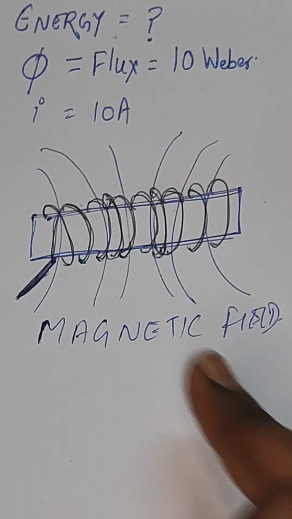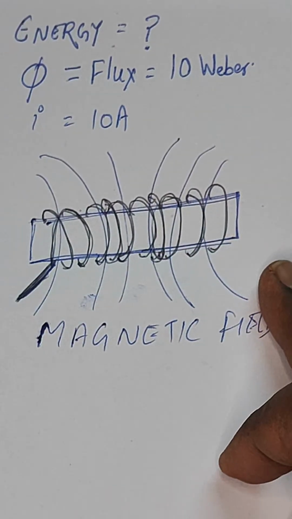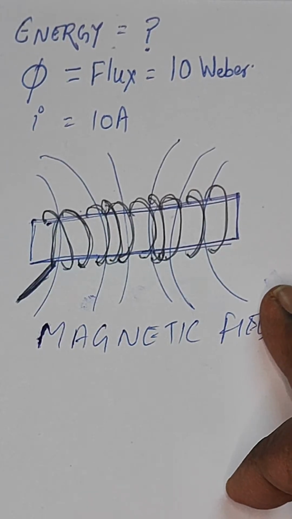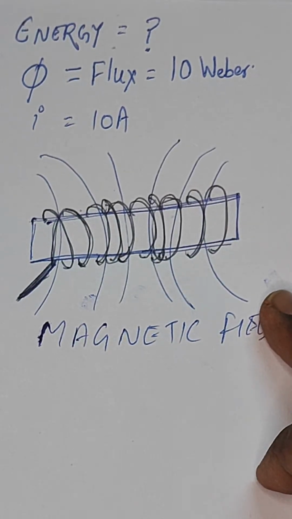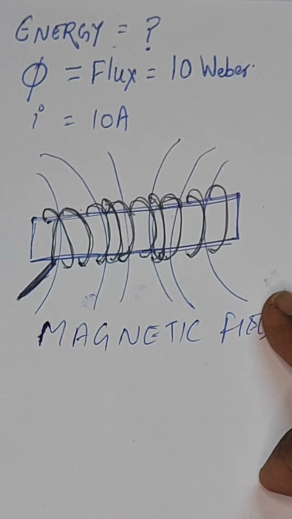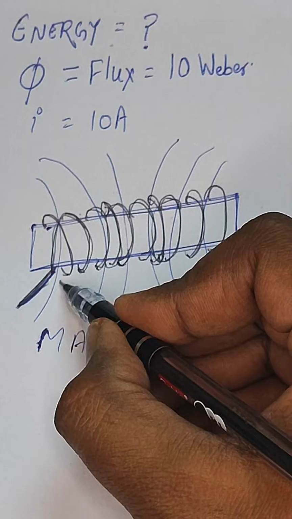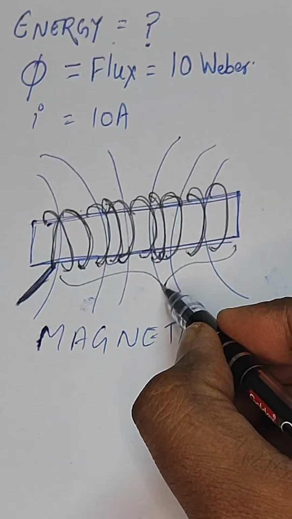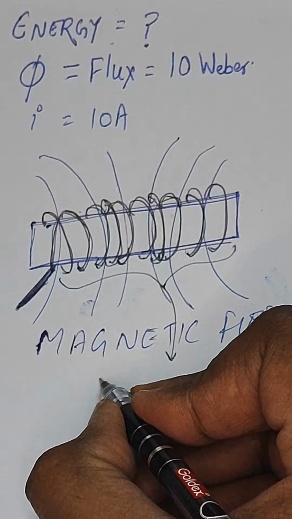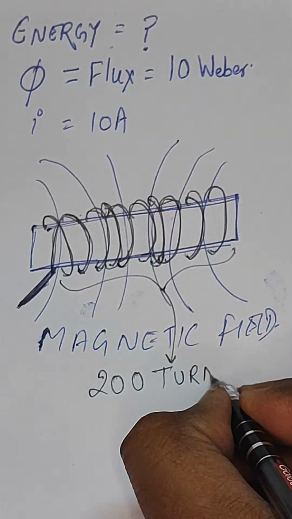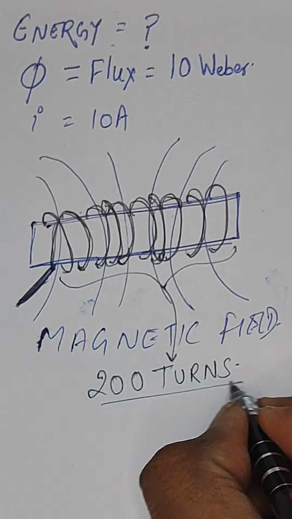So 10 turns of coil, right? What I mean by writing it over here is that it's given a closely wound coil of not 10 turns, but 200 in the question. The number of turns over here is 200 turns of coil.